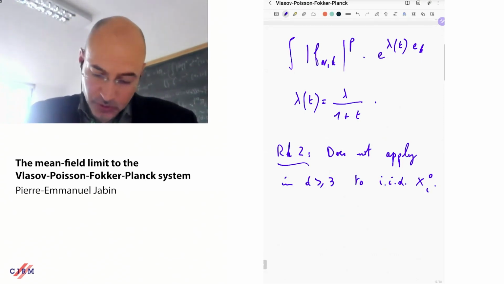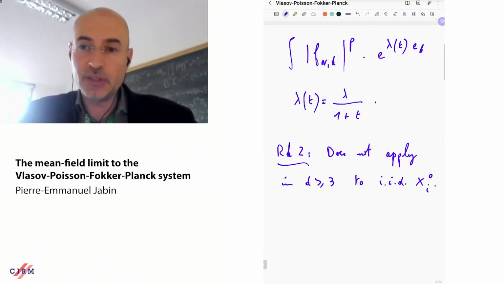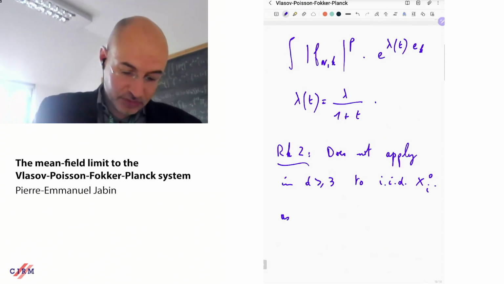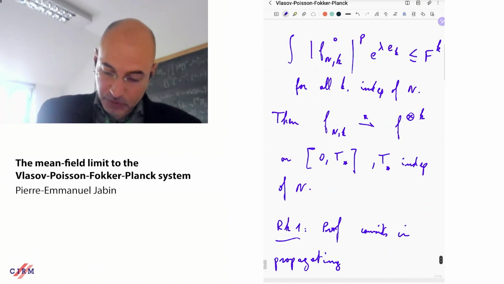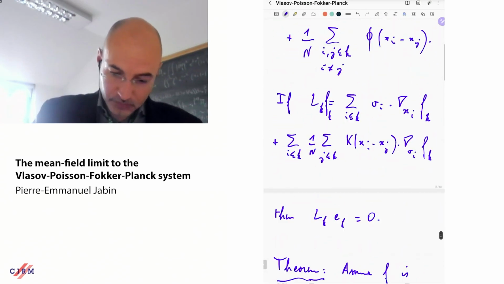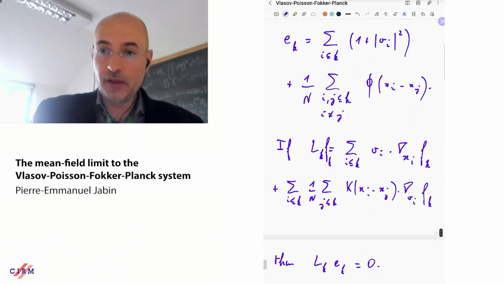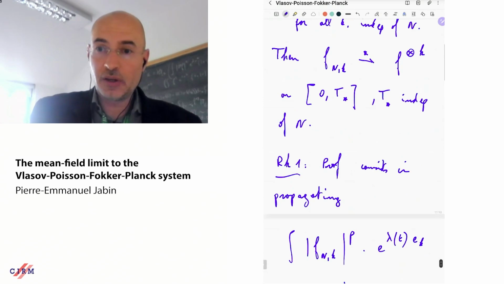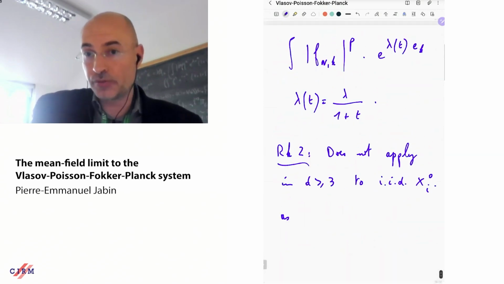And that's because if you take them IID, the problem is, again, in this exponential of E_k, I have an exponential of phi. And exponential of phi is never finite in dimension 3 and more for Coulombian.